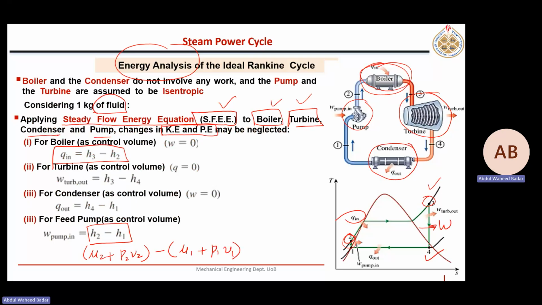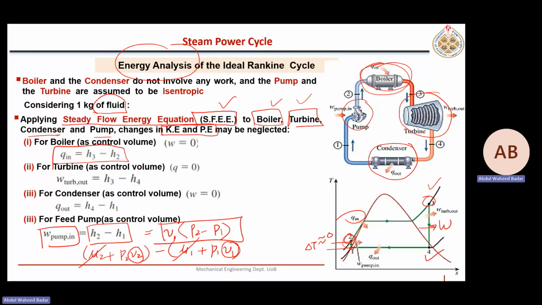In the pump, the change in temperature is negligible, which means U2 minus U1 is negligible. And the change in specific volume of a liquid, does it change? No. So here you can take V1 common, which is equal to Vf, into what is left, P2 minus P1. So for the pump, use this equation.